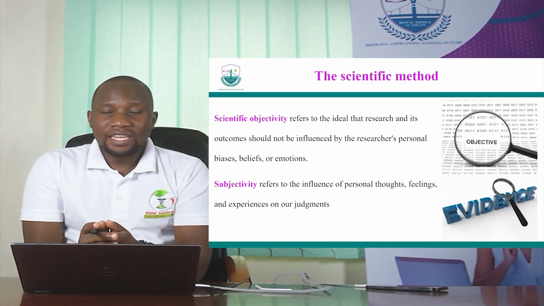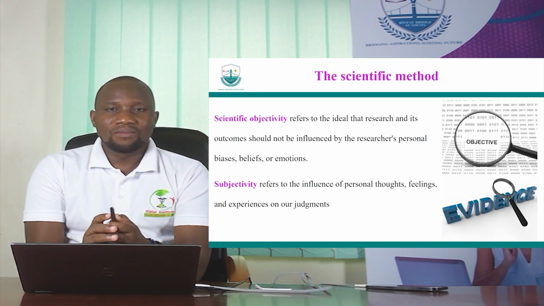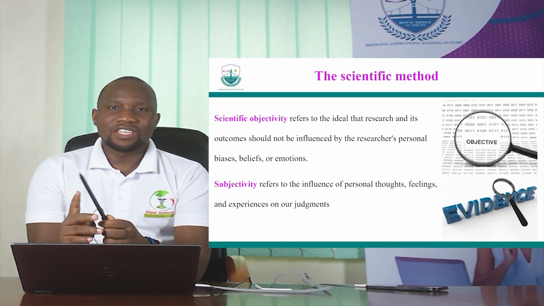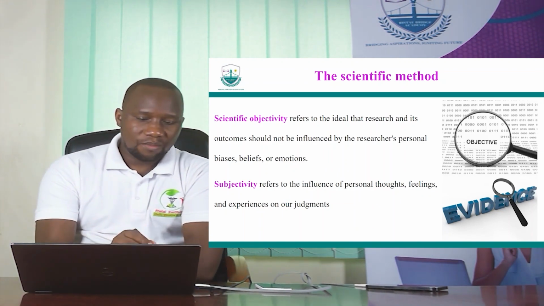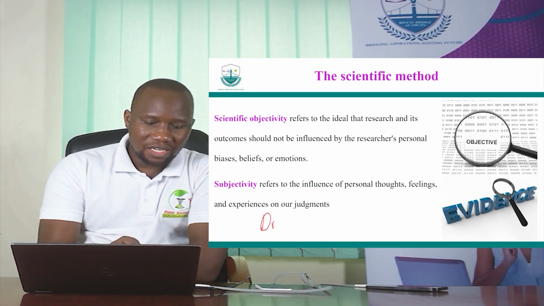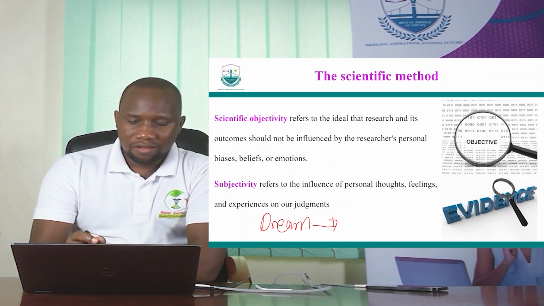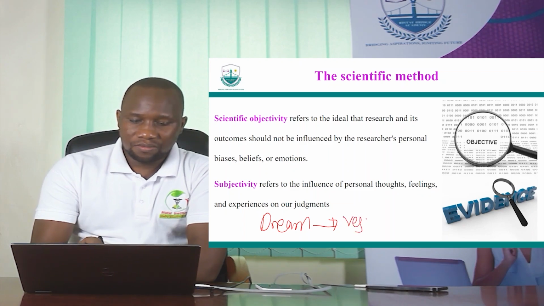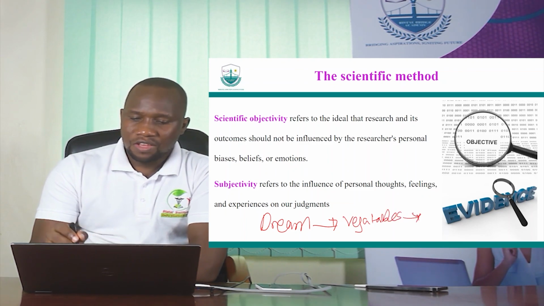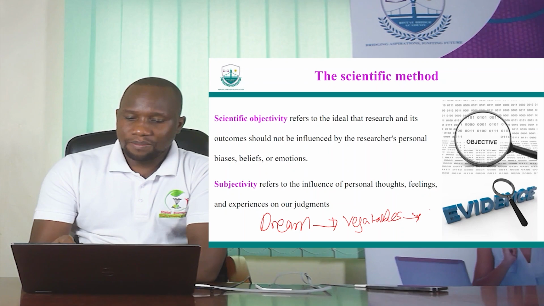So why do we need it? We need it because we don't want people to wake up, for example, and they have dreamt that when you eat a lot of, let us say, vegetables, you cannot get a disease B. How do we prove?